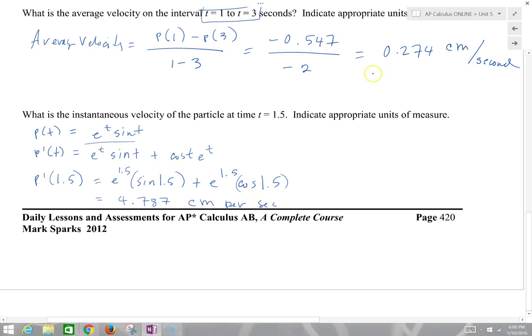So we can see that the average was 0.274, but halfway in between 1 and 3, well, I guess it's closer to 1 than it is 3, we end up with the instantaneous velocity being 4.7. So it's quite a big difference between the slope of the secant compared to the slope of the tangent at 1.5.